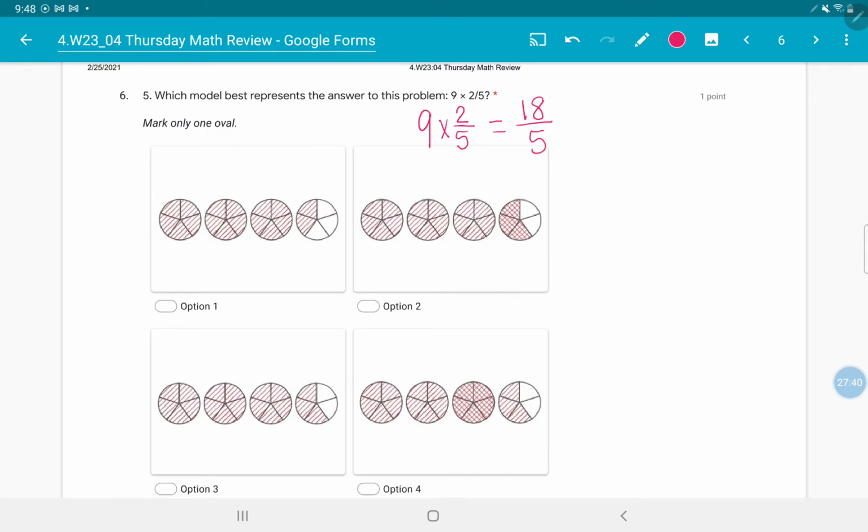If I use 3 wholes, that would be 15 of my fifths. And then there's 3 more to get from 15 to 18. So that's 3 and 3/5. Which one of our models shows 3 and 3/5? Number 3. Option 3 is the correct answer.